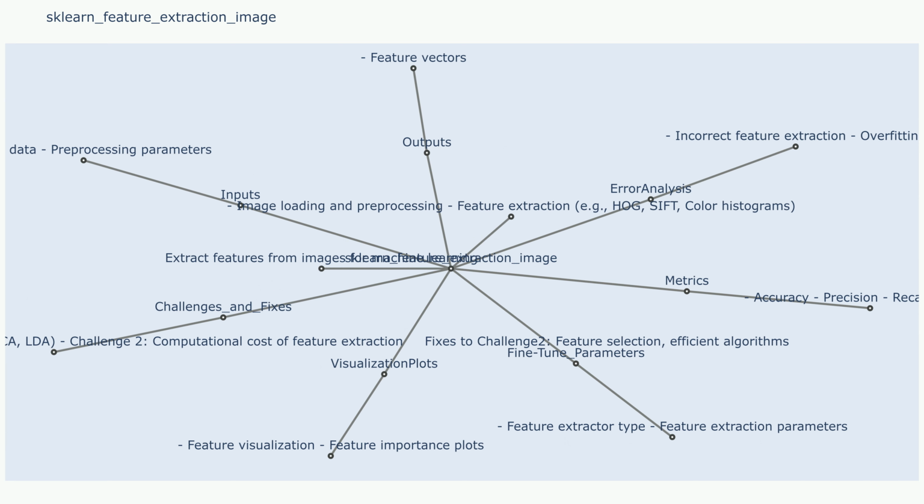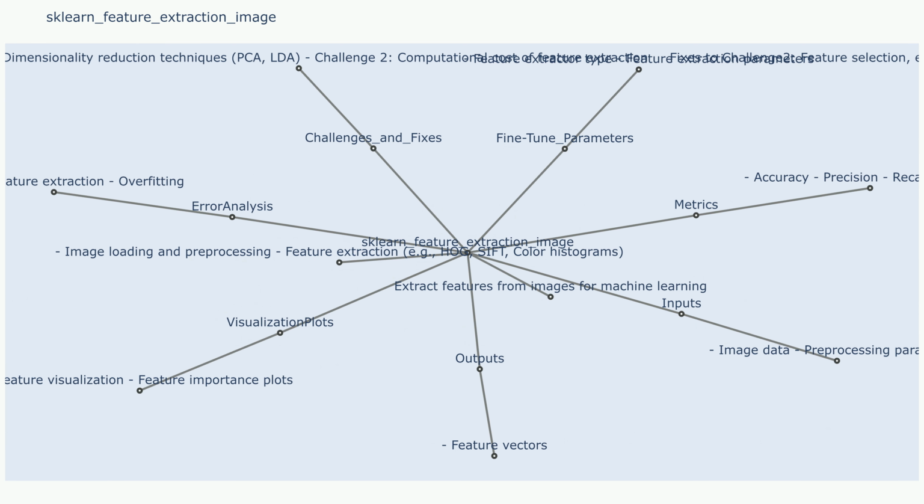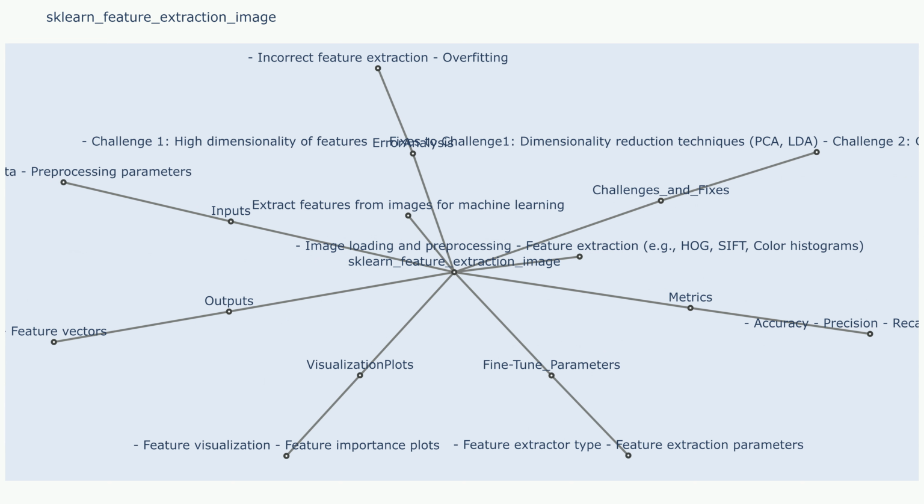When using HOG features for object detection, the high dimensionality can lead to overfitting and poor generalization performance, especially when training on limited data. Dimensionality reduction: apply techniques like principal component analysis (PCA) or linear discriminant analysis (LDA) to reduce the dimensionality of feature space while preserving important information.